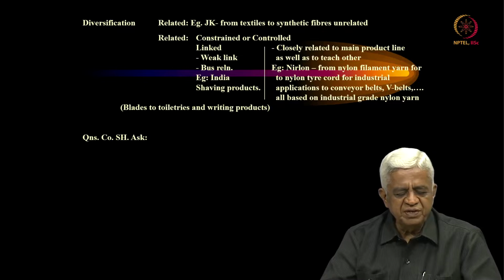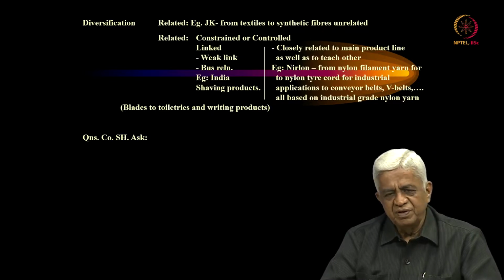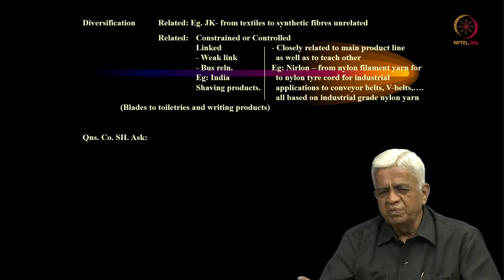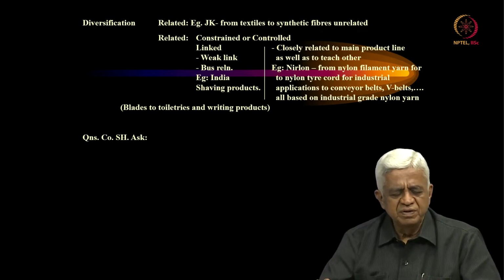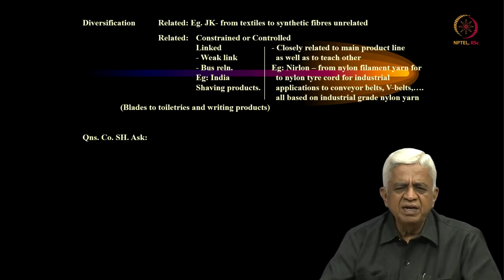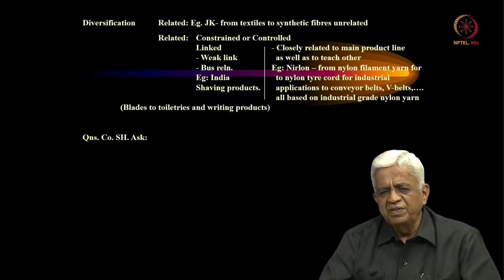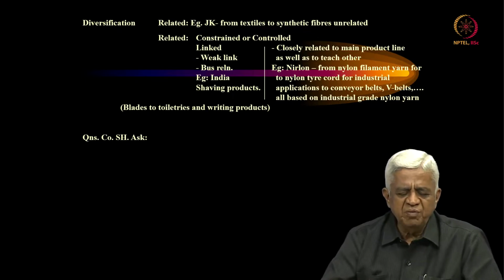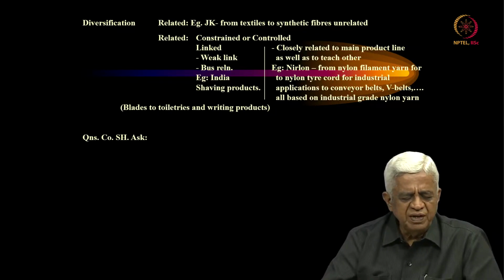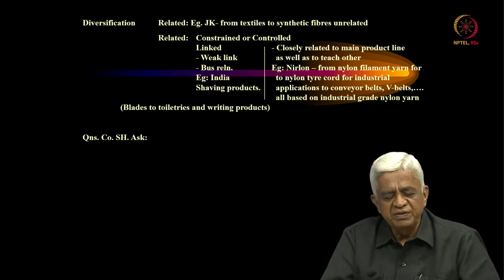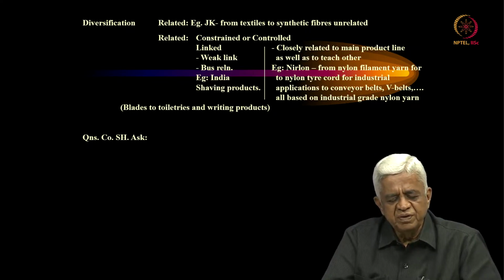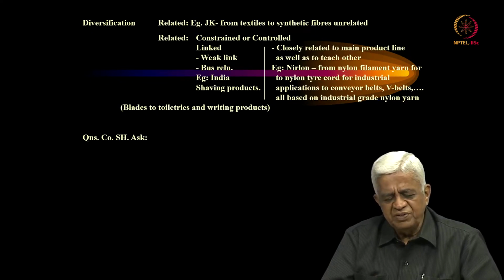For example, India Shaving Products. So, these came with so many other products. So, you had a blade coming out of India, then they came out with a shaving cream, all those types of things linked with reference to the shaving. Then closely related to main product line as well as to each other.